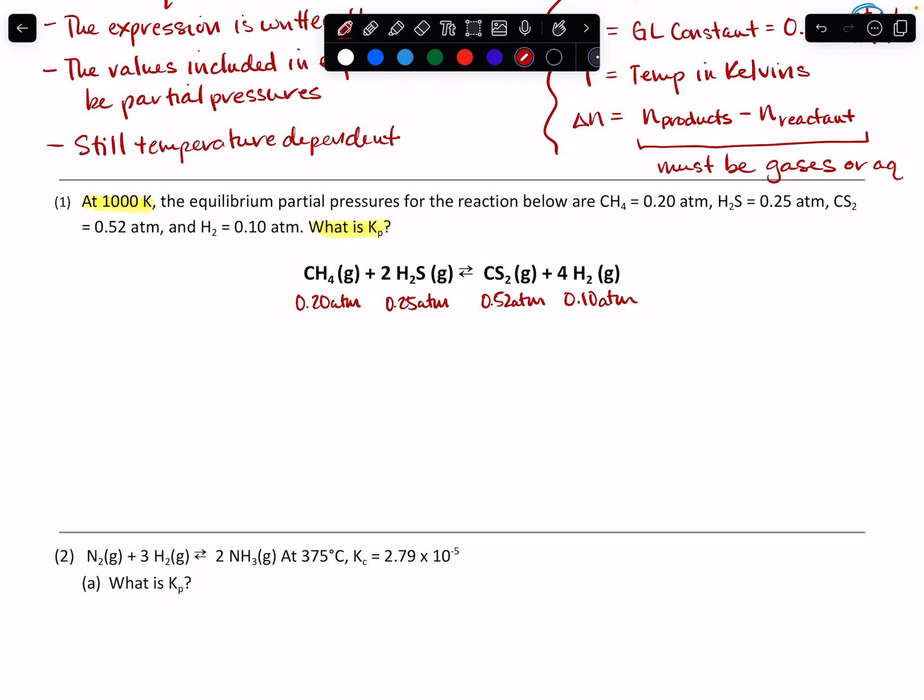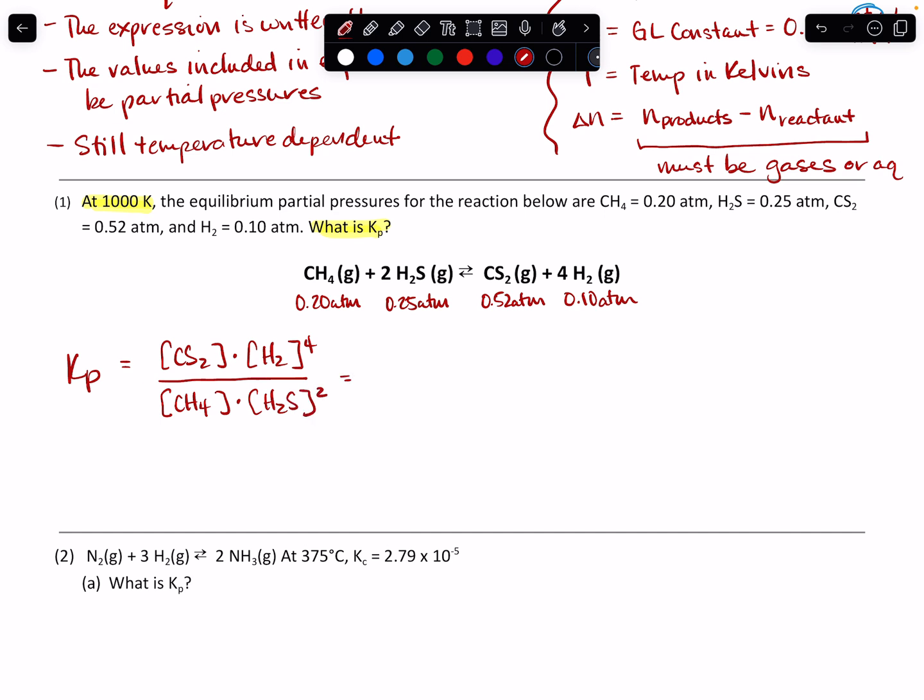All right, so we're going to start by writing our expression. Kp, remember, just like Kc or KEQ, is products over reactants. So we'll start with CS2 times H2, and we need to raise that to the fourth power, divided by CH4 times H2S, and we'll need to square that.